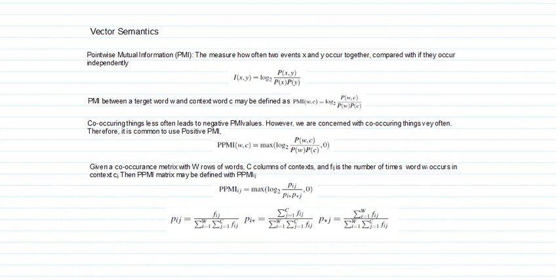This is the joint probability, and these are the independent probabilities of x and y.